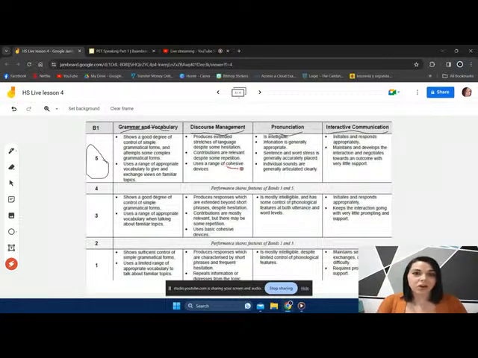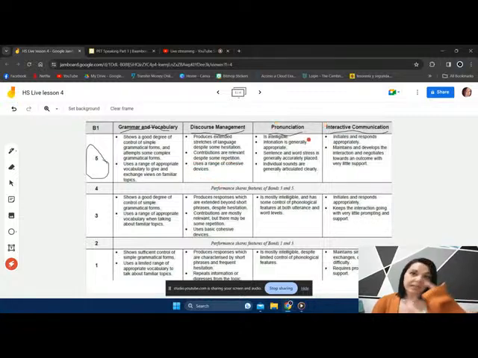They call them here cohesive devices, phrases that are used to organize and structure your ideas, okay? And these could be things like first, next, and then, or they could be connective phrases like and, but, although, however, because. But to get our 5 points, we're looking for a good range of them.